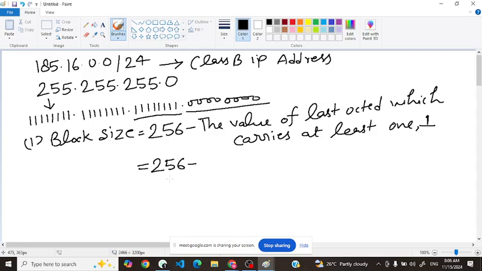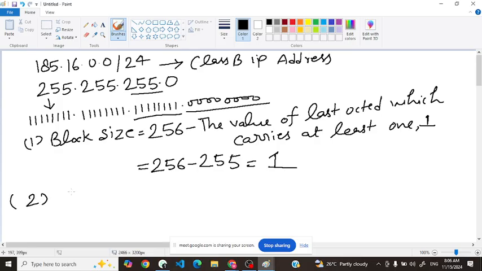Yes, 1, 1, 1. What is the value of this octet? The value of 255, the last octet which carries at least one 1. What is the value for the third octet? It's the third octet, simple. 255, my dear. Yeah, 255. So the block size will be 1.